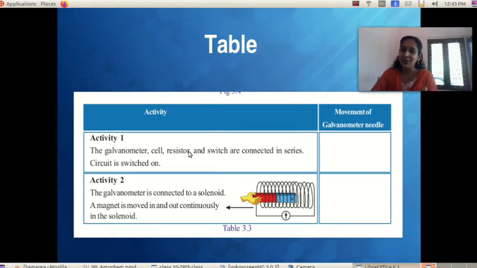When we connect a galvanometer, cell and resistor in a circuit in series, the galvanometer needle deflects to only one side. But in the second case, in the case of magnet and solenoid, the galvanometer needle deflects to both sides. That means the current obtained in relation to the solenoid and magnet changes its direction.